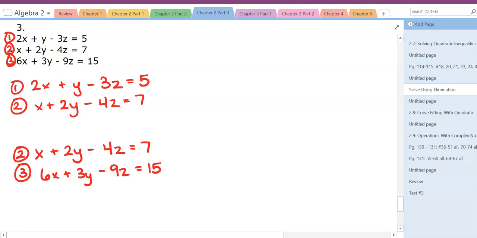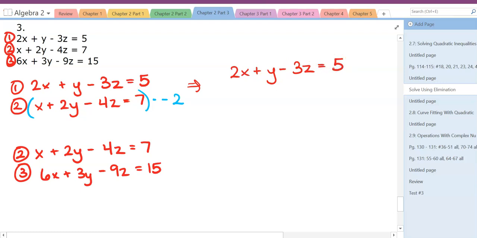So I'm going to, just like before, try to get rid of my x's here. On the first pairing, I'm going to take equation number 2 times a -2. I don't do anything to the top one, so I'm just pushing that all over.